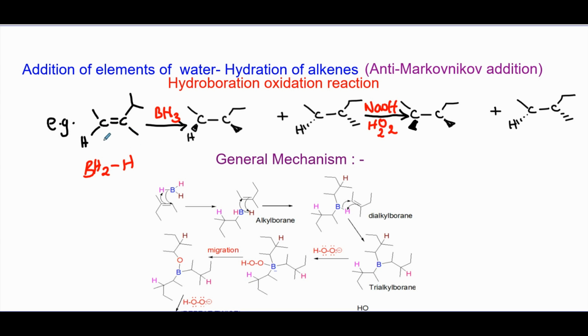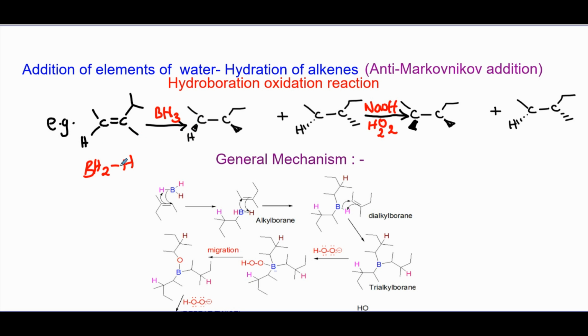So this will go here in this case, and this will go here because this has only one carbon attached to it, and this has 3 carbons attached to it, causing some sterics. So you don't expect the BH2 to go there.